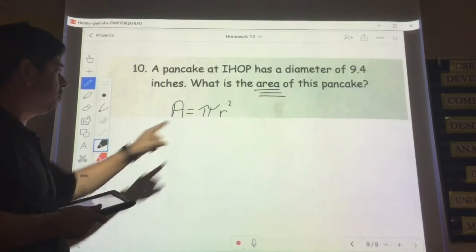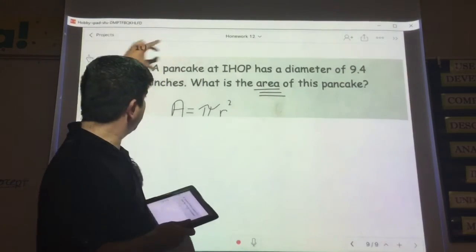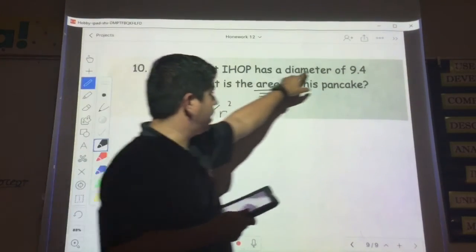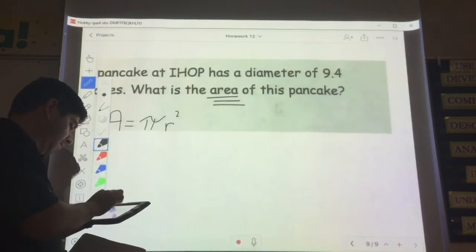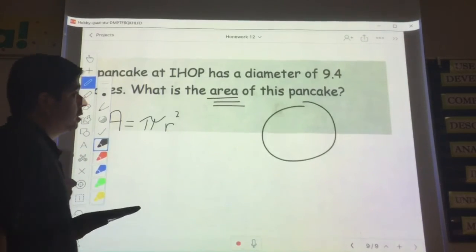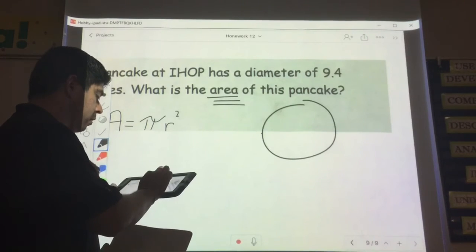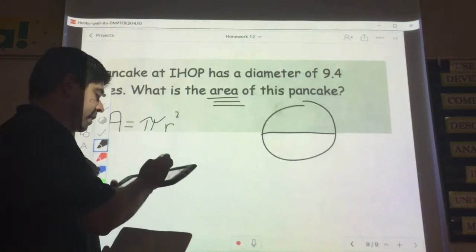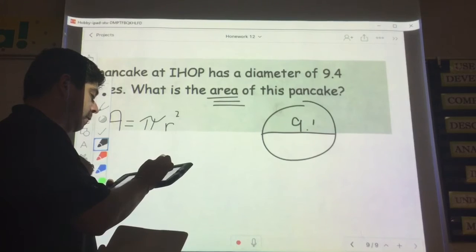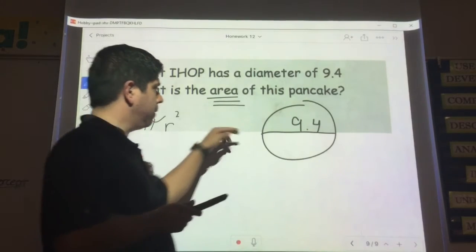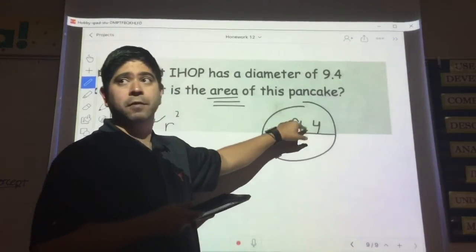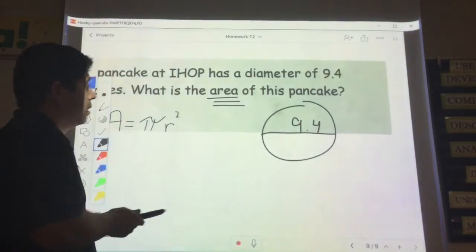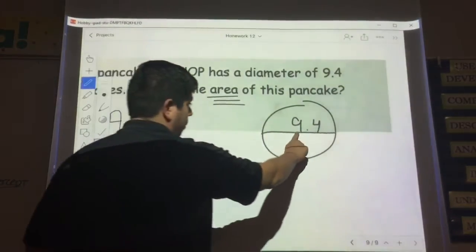Alright, so I need the radius. I'm not given the radius here, I'm given the diameter. If you don't know, let's just draw a picture. Diameter is what goes all the way across. So my diameter is 9.4. If I'm given all the way across, I only need half of it. So I have to divide this 9.4 by 2 to get the radius, because the radius is just from here to there.